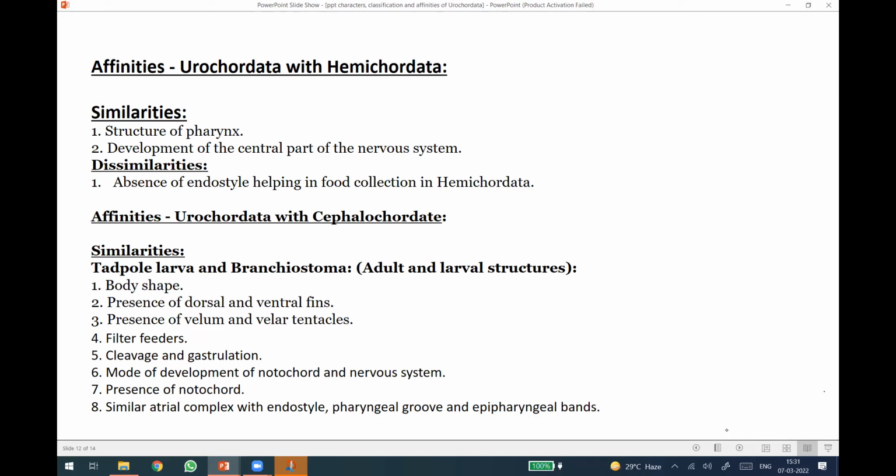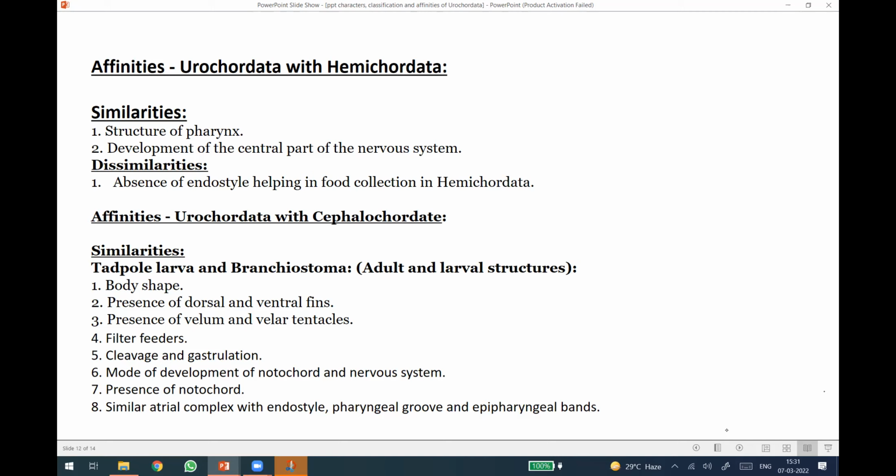So on the basis of these similarities and dissimilarities, they were not associated with Hemichordata. And finally, with the final group of Protochordata, that is with the Cephalochordata, affinities of Urochordata with Cephalochordata having these similarities, that is the body shape, and it is to be noted that the similarities are mostly with the larval form of the Urochordata.